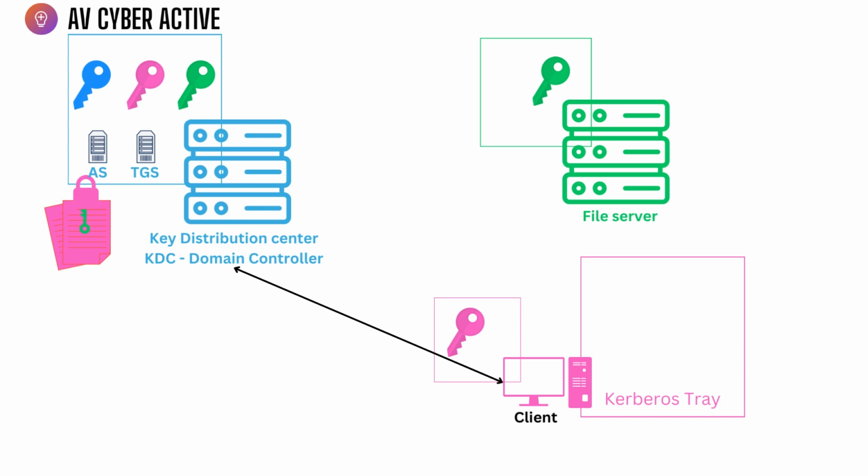So the pink lock will represent the user's password, which is known to the user, and the user's password has been used as an encryption key here. This is a very important concept because it emphasizes that Kerberos doesn't transmit your password across the network; it uses it as a shared secret.